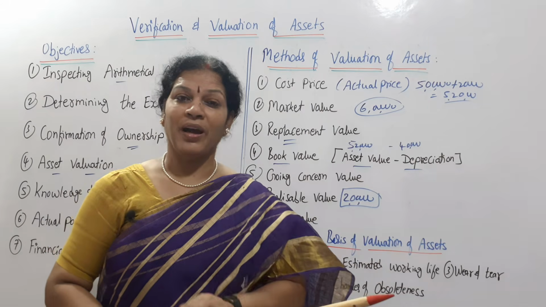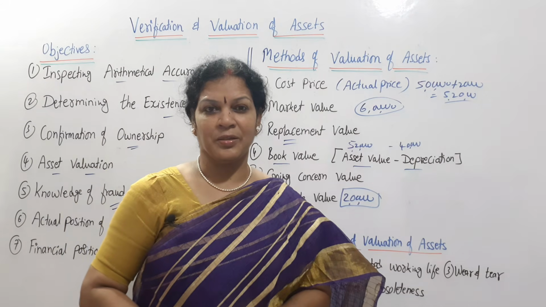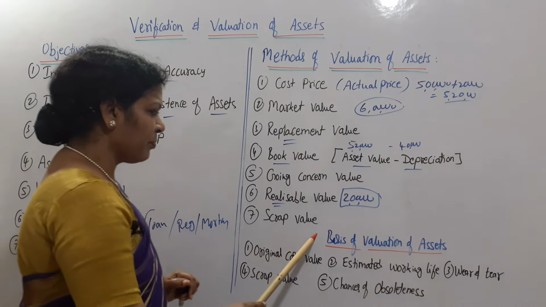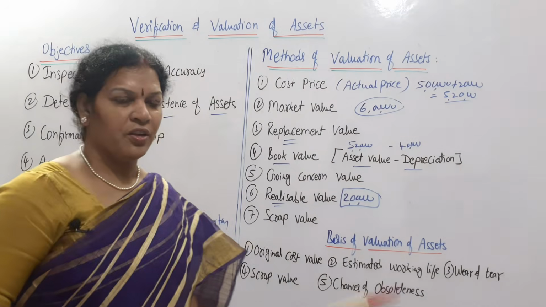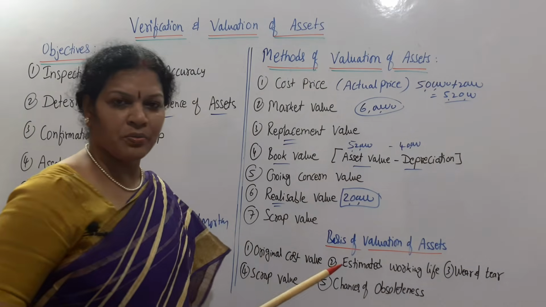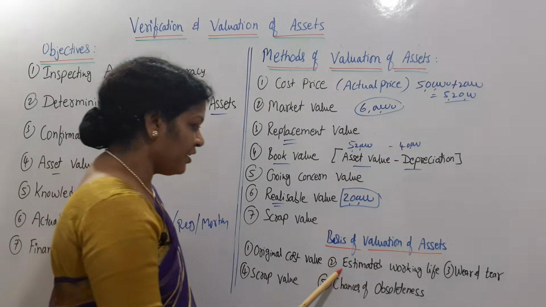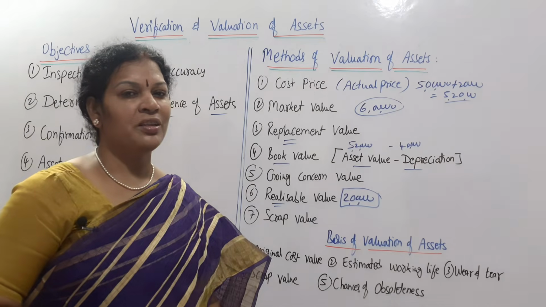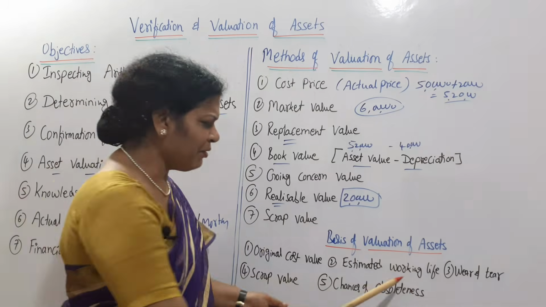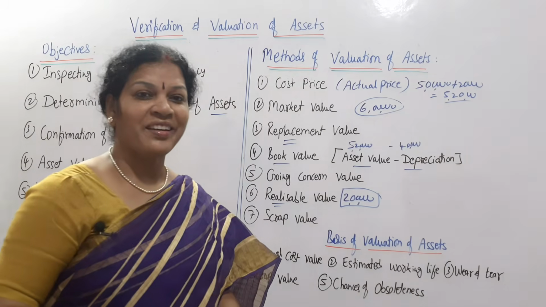While evaluating the assets, he has to remember a few things, the basis of valuation of assets. First is the original cost value: how much he paid. And the estimated working life. Why working life? To calculate the depreciation.